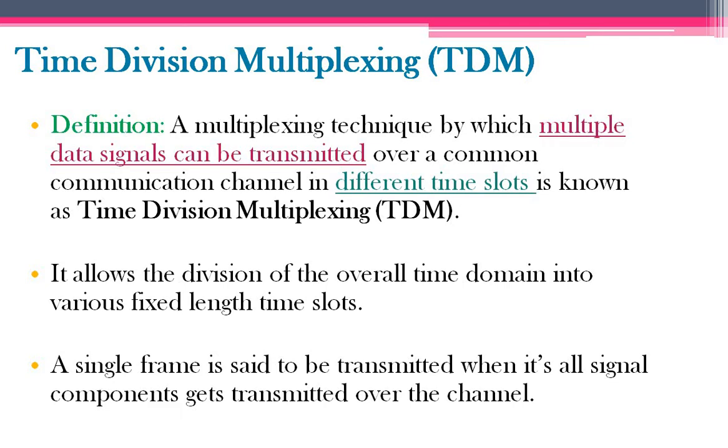A medium through which you are transferring your data from the transmitter to the receiver, from one end to another end. So the multiplexing technique by which multiple data signals, you have lots of data signals, are transmitted over a communication channel in different time slots is known as time division multiplexing.